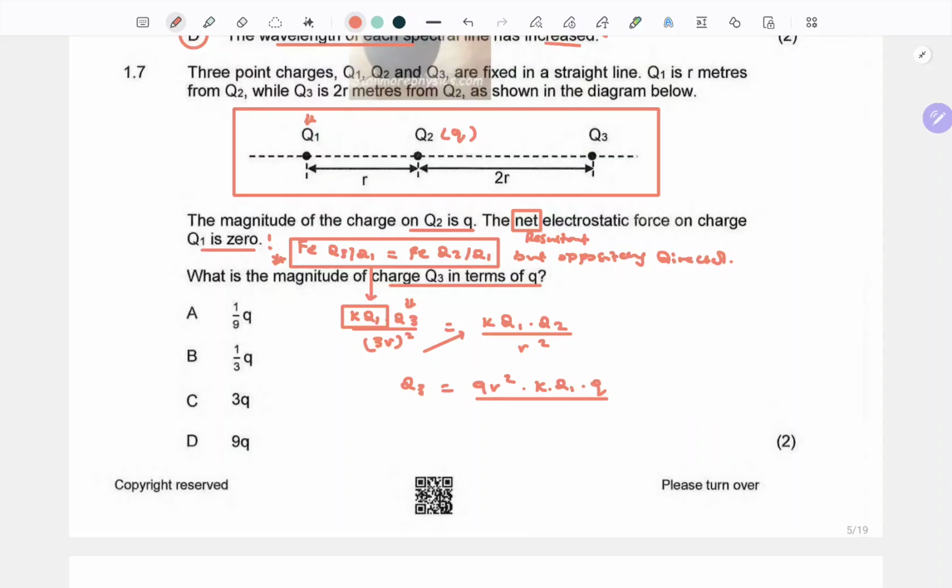We're substituting and working our magic. Now we're going to have to divide by K Q1 times the R squared that is already there. Now we can tell that R squared will take R squared, K will take K, Q1 takes Q1, and all that is left is that Q3 is going to be 9 times Q. So that is the answer.